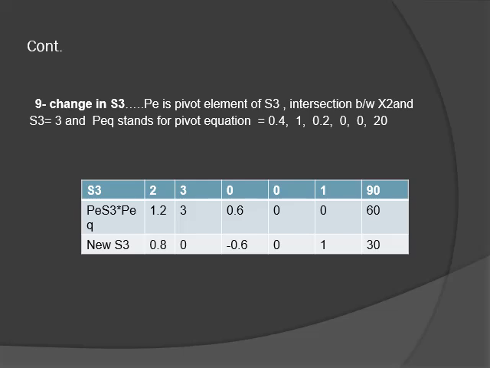We copy S3 as given in the primal table. The second operation is represented by the pivot element of S3 multiplied by the pivot equation.